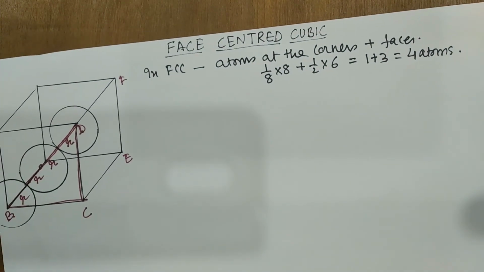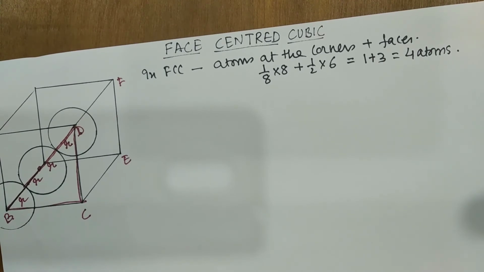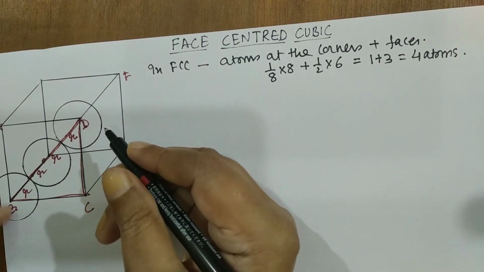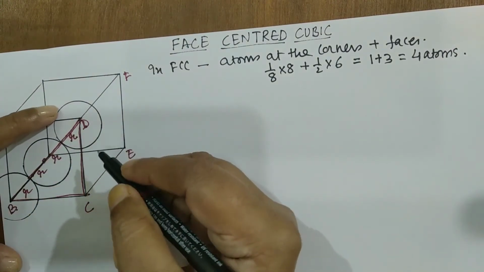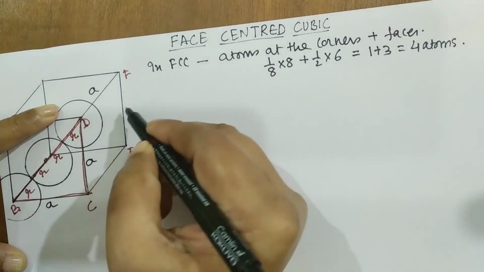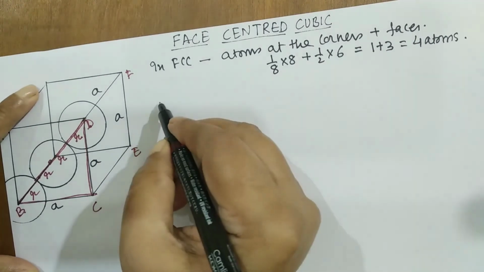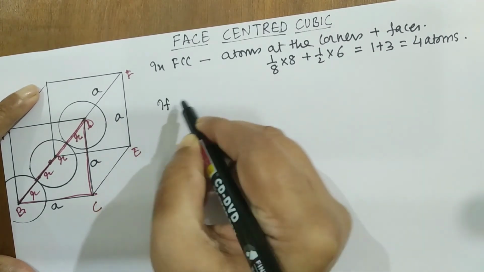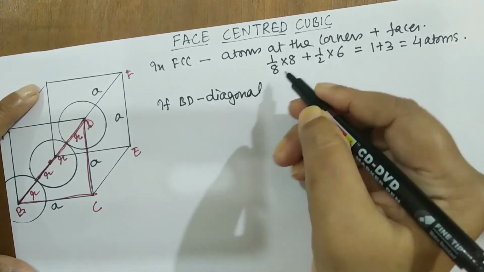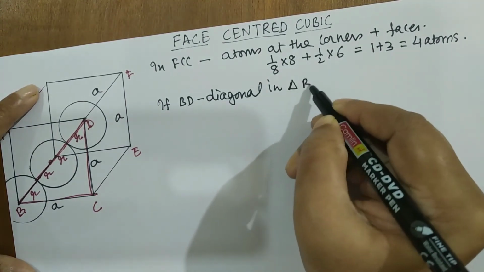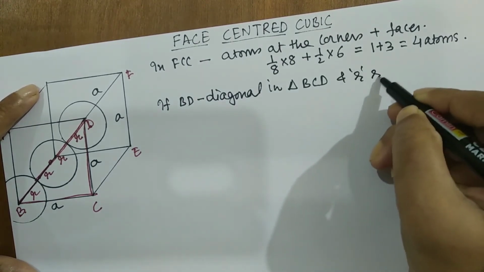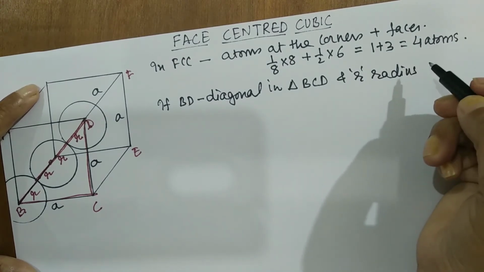Now let us start for this. Now here, if I say BD is the diagonal here, as I have discussed, then in triangle BCD, what is this, students? This is the edge length. So I will mark them as edge lengths. They all are edge lengths here. So let us start. So if BD is the diagonal in triangle BCD and R is the radius, what is the other word for this?